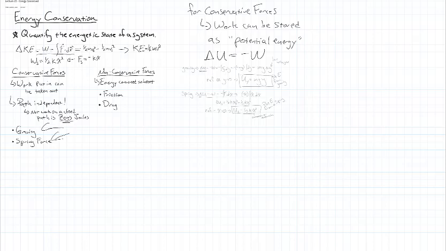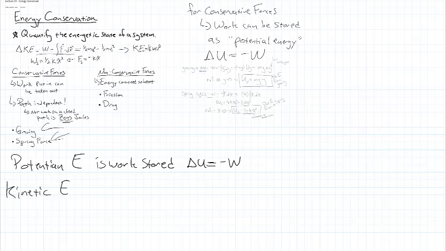So if potential energy is work stored in a system, so delta U equals minus W, and kinetic energy is work spent on motion. So our change in kinetic energy is work spent on motion, so we get an object moving.